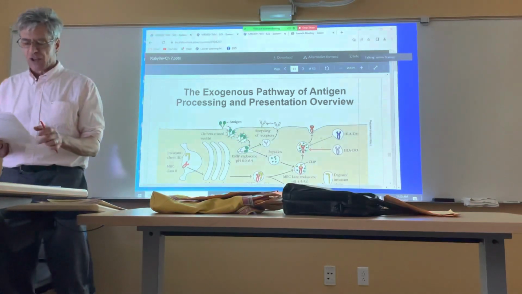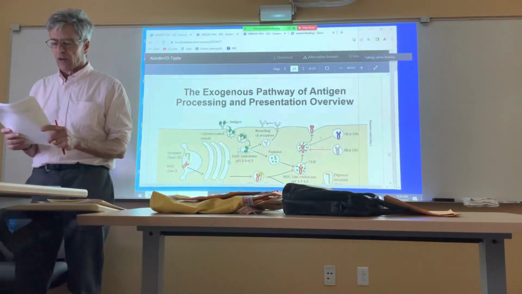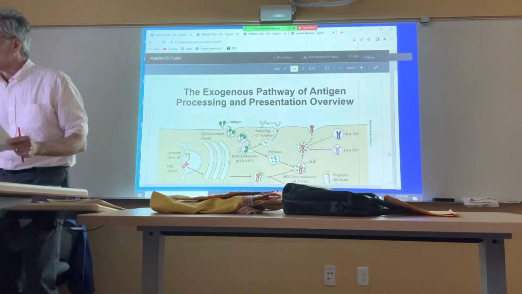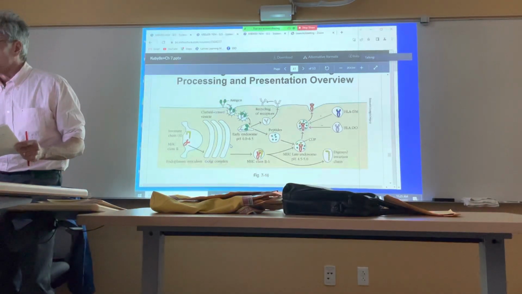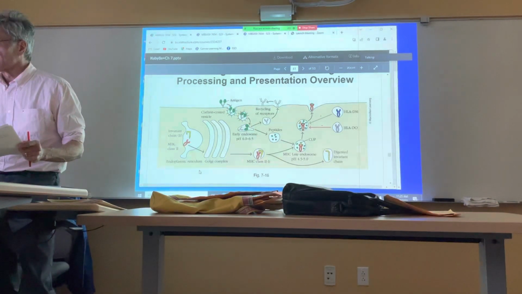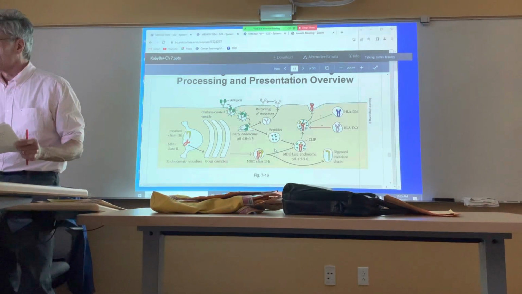Okay? And the invariant chain has a signal for sorting from the Golgi to the endocytic compartments. It's a bit of a complex slide here. So we see MHC class 2 bound to invariant chain.